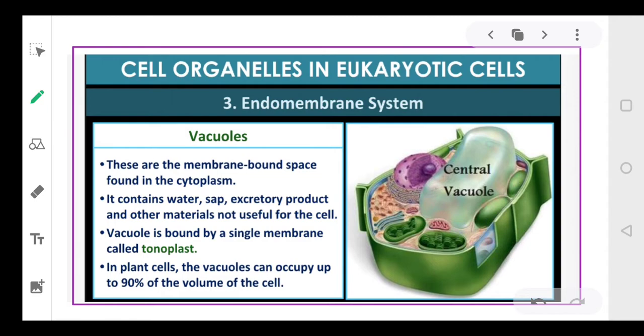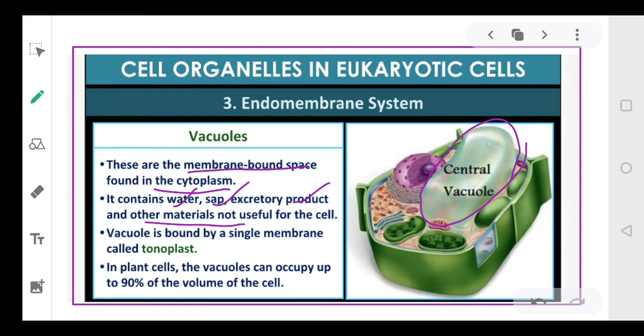Next is vacuoles. As we've already discussed, in case of plants, there is a central vacuole present. Plants contain a central vacuole, and the nucleus is present at the periphery of the cell. These vacuoles are membrane bound spaces present in the cytoplasm, and they contain water, sap, excretory products, and other materials which are not useful for the cell.